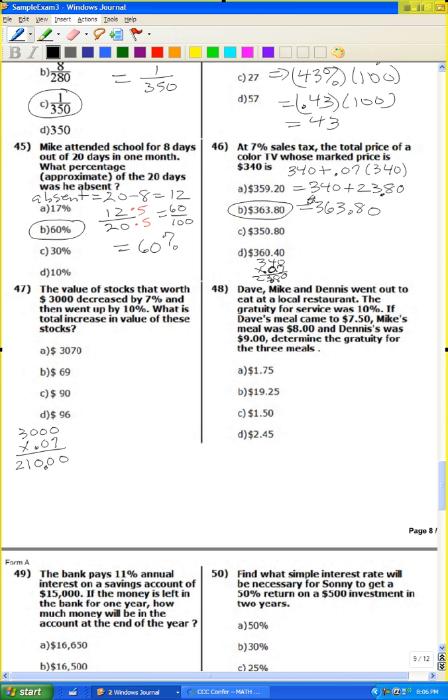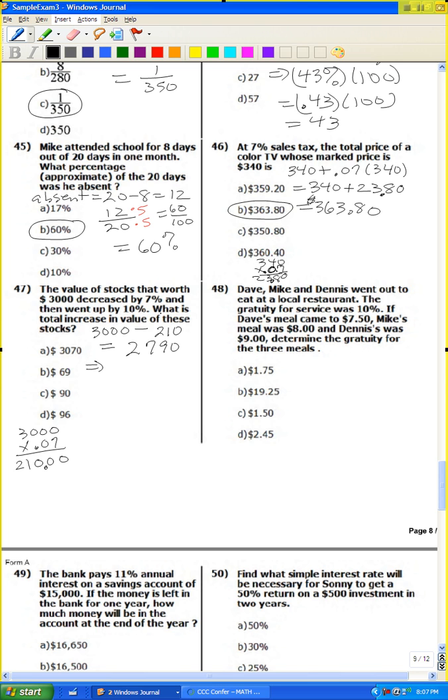That's $210. And so I started with $3,000. I then had a decrease of 7%, which was $210. Okay, and so if I do that, I get $2,790.